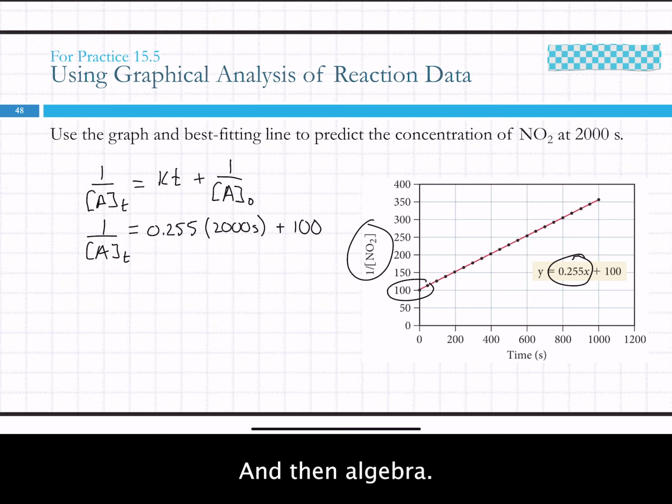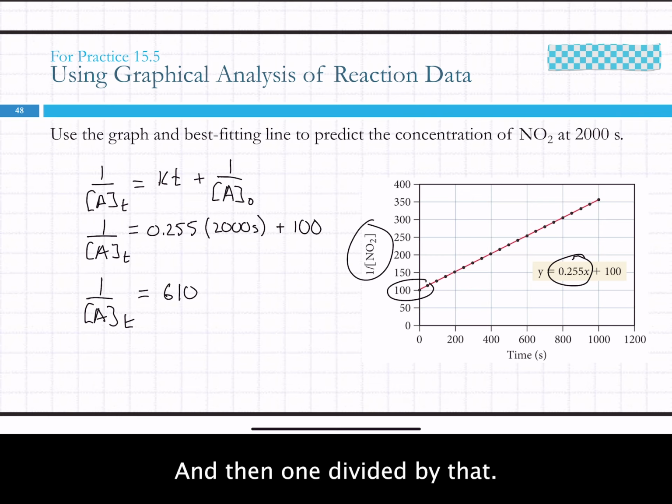And then algebra. 0.255 times 2,000 plus 100 gives 610, and then 1 divided by that.